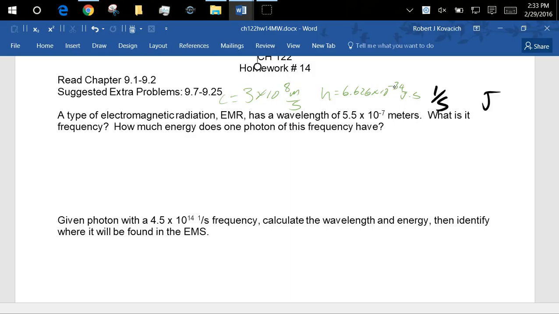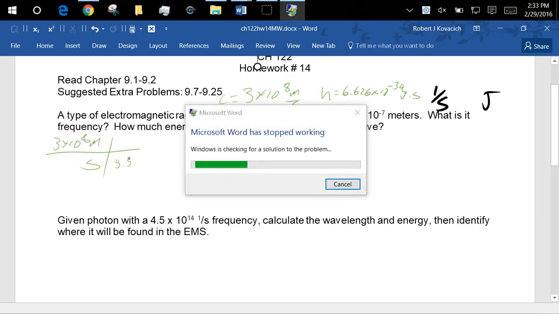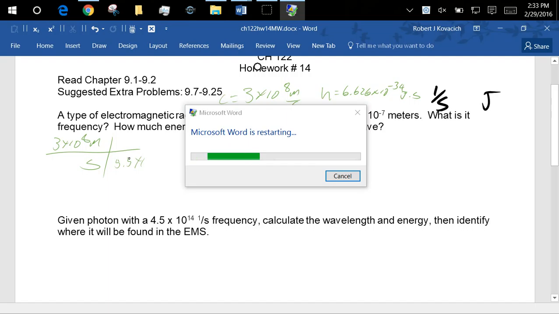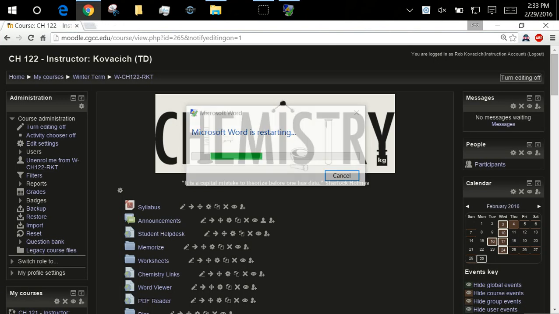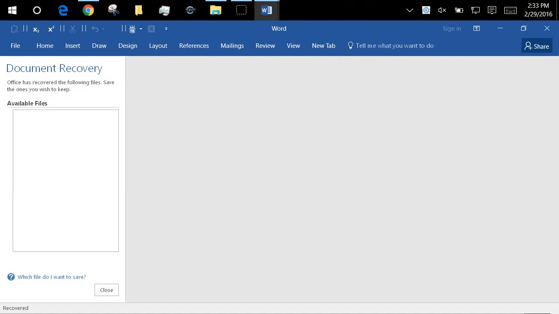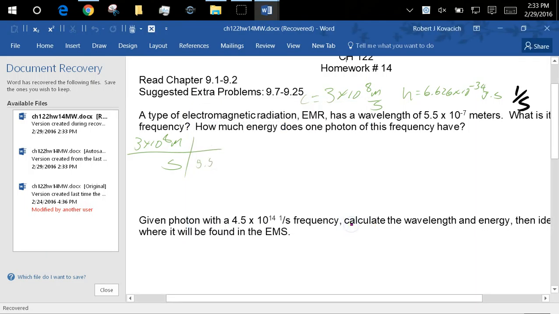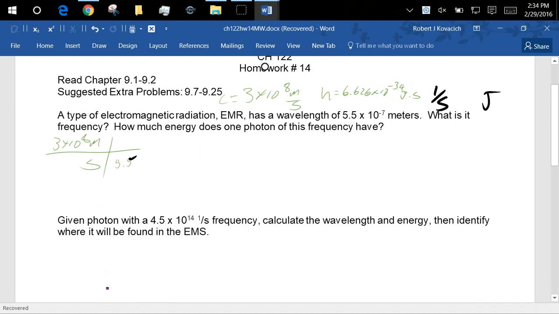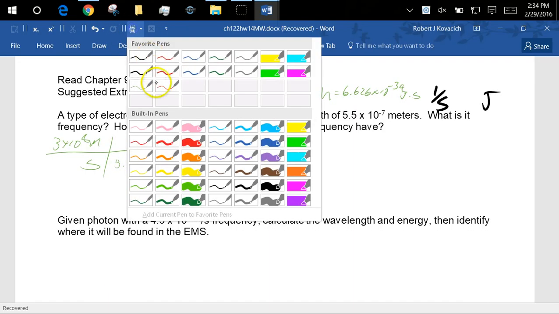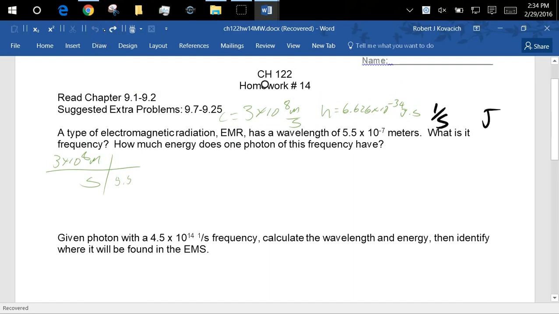So I'm going to go ahead and write 3 times 10 to the 8th meters per second. I've already got the seconds right where I want them. So now all I need to do is get rid of that meter value, and I've got 5.5 times 10 to the minus 7th meters.